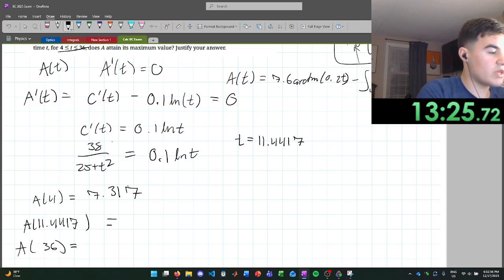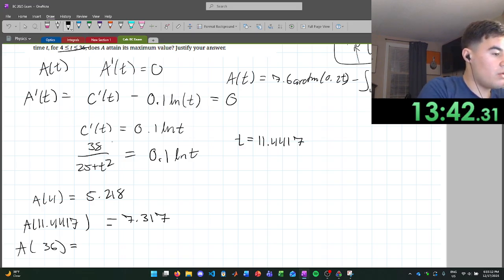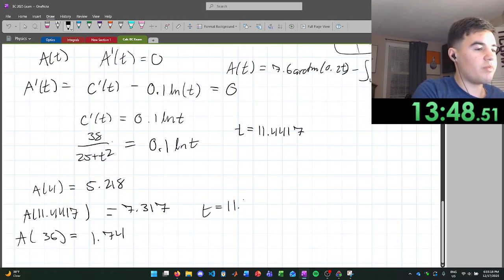Oh wait, sorry, that was for a equals this. 7.317. We plug in 4 into this. We get 5.218. Plug in 36. We get 1.74. So A attains its maximum value at t equals 11.417.